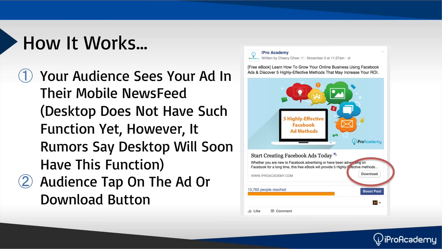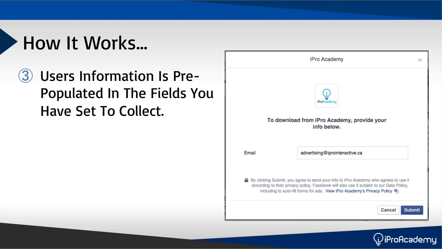Now, step two: when the audience sees your ad, all they have to do is tap on the ad or tap on the download button. When they do that on their smartphone, this screen will come up. In this screen, it says to download from iPro Academy, provide your information below.